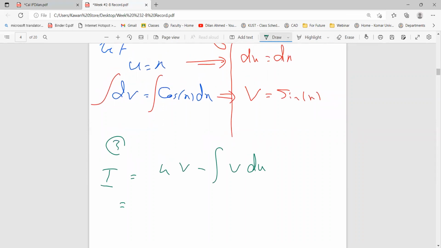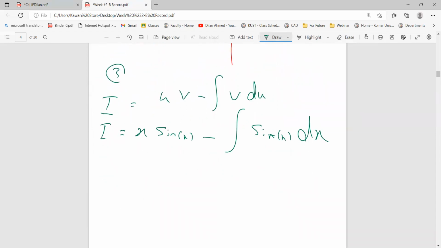So the integral will be, where's u, where's v, where's minus, where's v, where is du, dx. Understood? du equal to dx.